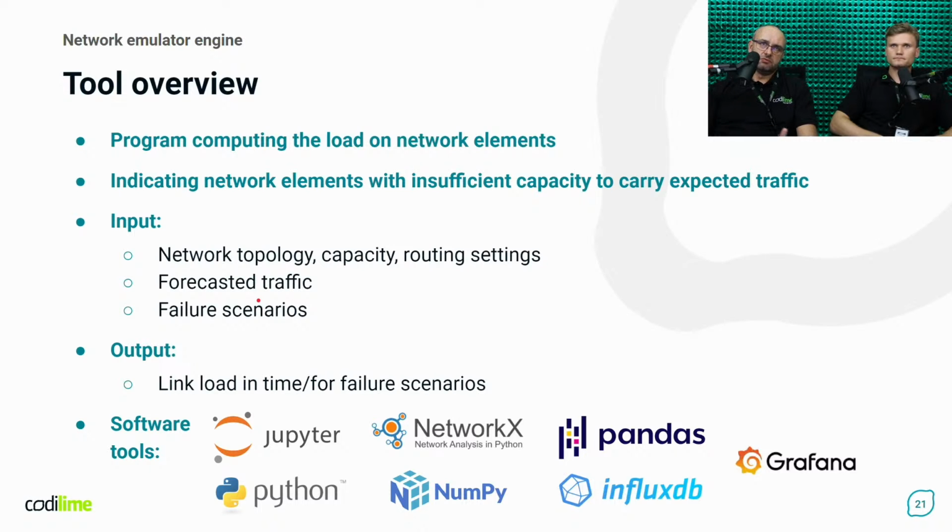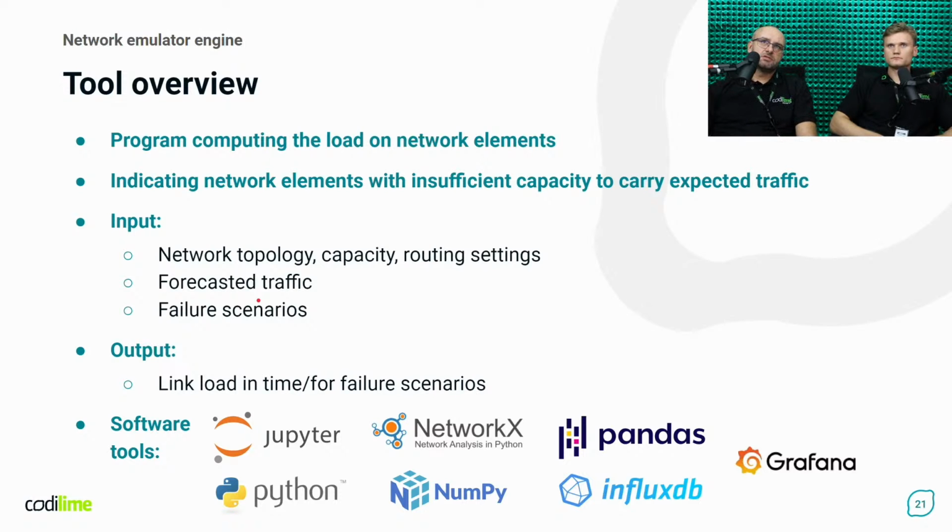So as input, we have network topology, capacity and routing settings, forecasted traffic conditions, and also the potential failure scenarios that we would like to examine, to see how the network behaves under different states. As the output, we would like to have the load on the links in time and for each potential failure scenario.